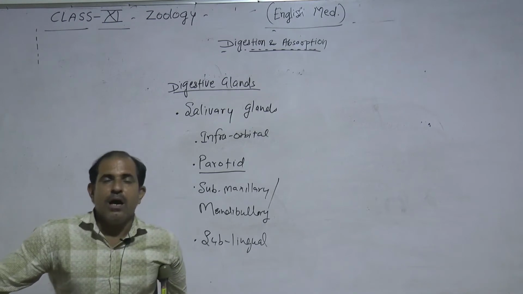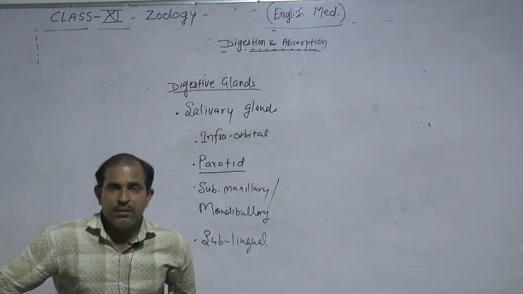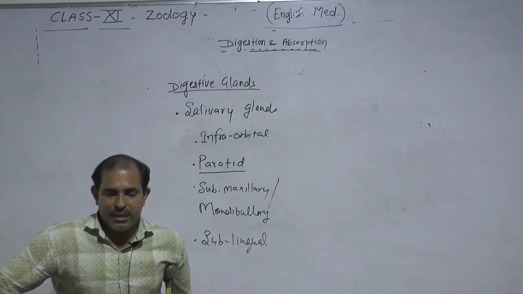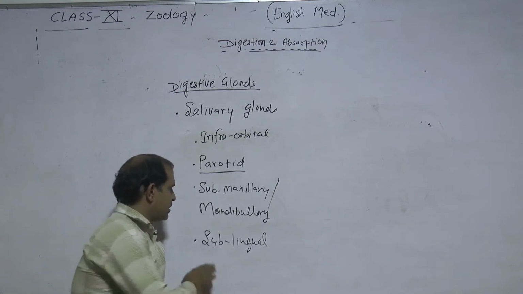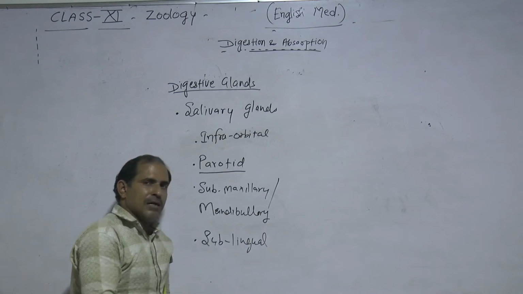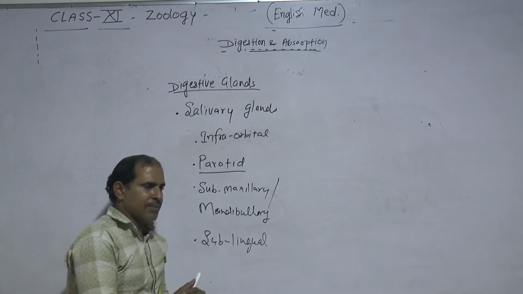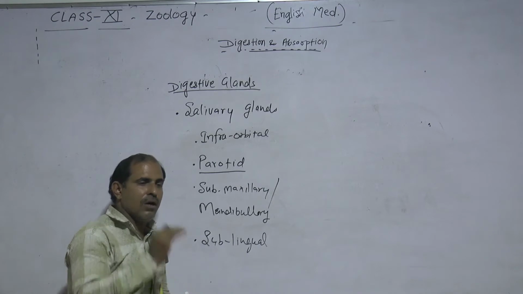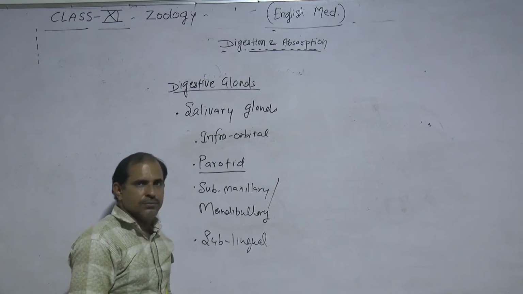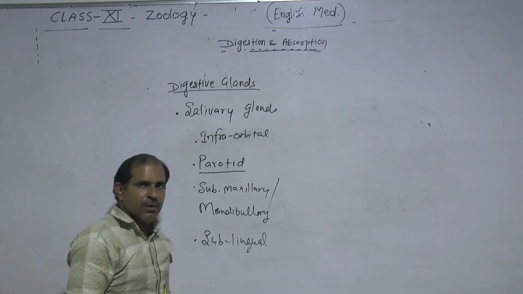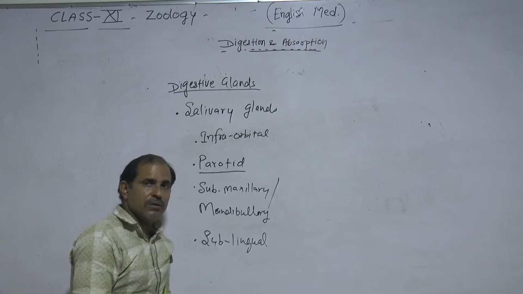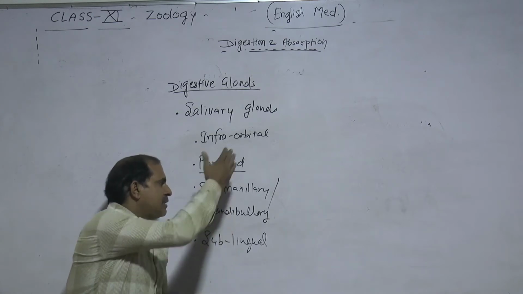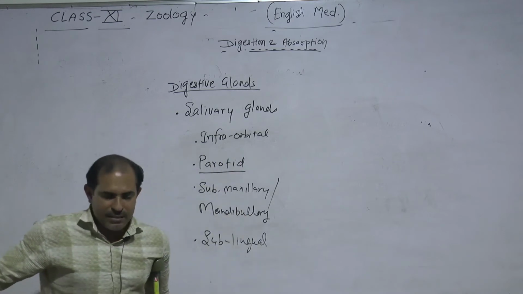And the third one is the submaxillary or submandibular glands, and these glands are present in the jaws. The last one is the sublingual glands, which are present at the junction of lower and upper jaw, under the tongue, at the basal part of the tongue.